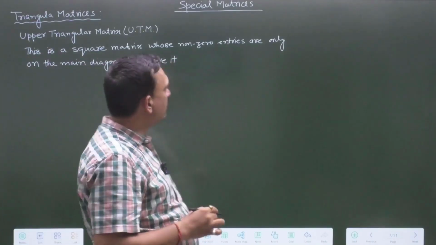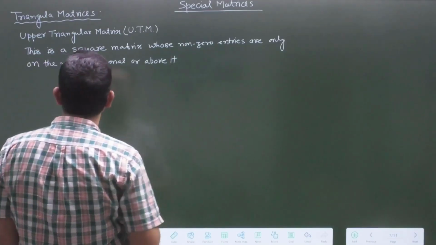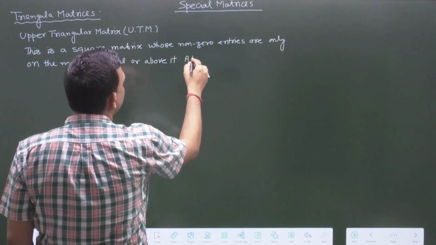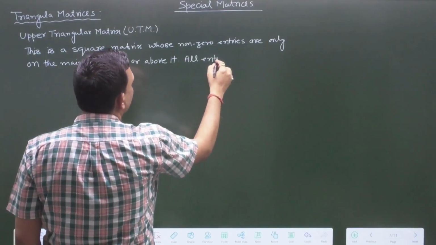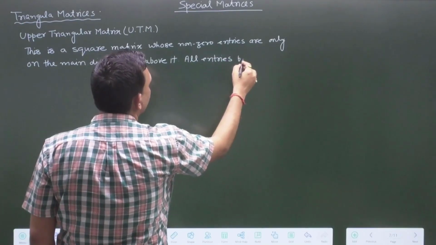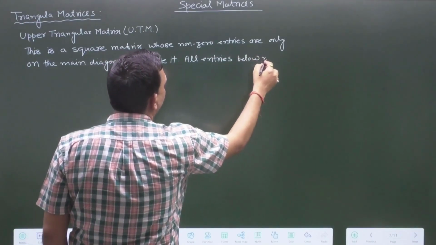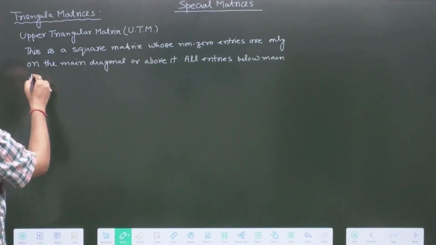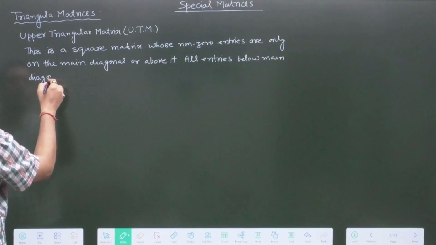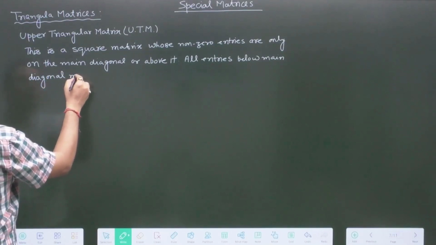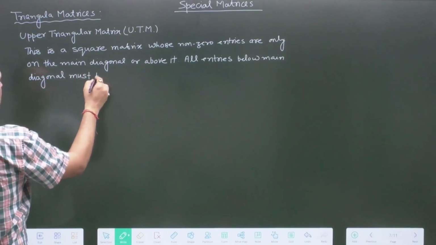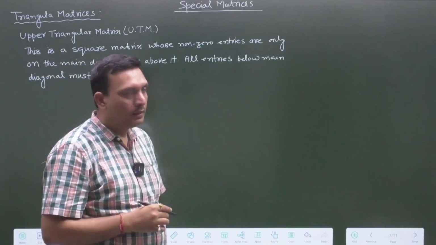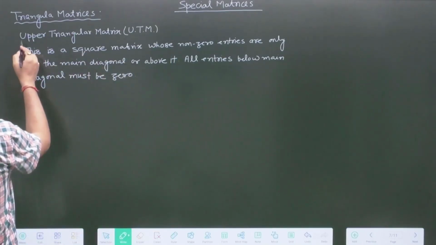Non-zero entries are only on the main diagonal and above it. All entries below main diagonal must be zero. That is an upper triangular matrix.